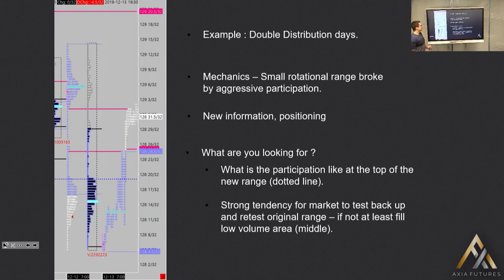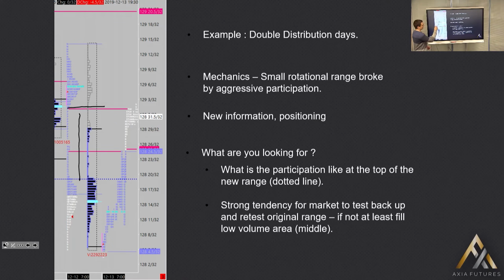Just as a reminder, on these double distribution days, you want to have a situation where you have a small range where we rotate for quite a while, in this zone here. And then for whatever reason, on that day, we have perhaps new information in the form of economic data or news, or perhaps we just have some positioning which decides to leave the market, and because all that wound-up positioning has got to unwind, we have this very quick and aggressive break in the market.